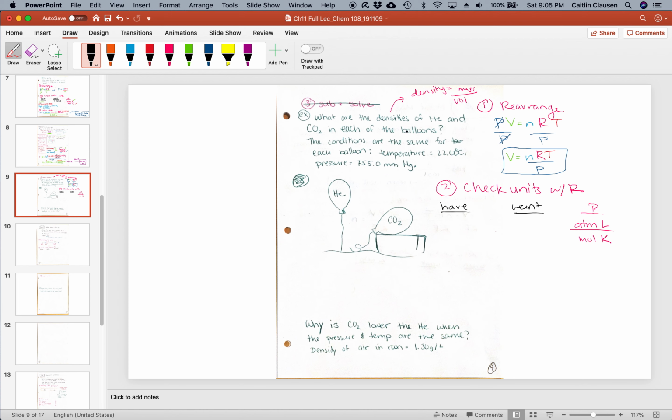So what are we given in this problem? We've got temperature, 22.00. A little bit different sig figs this time. If I add that to 273.15 Kelvin, both Celsius and Kelvin have 4 sig figs, so we get 295.2.